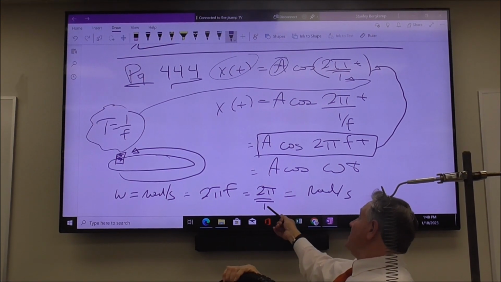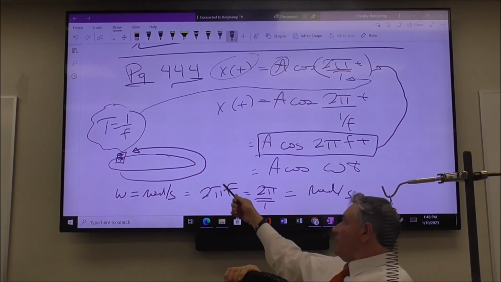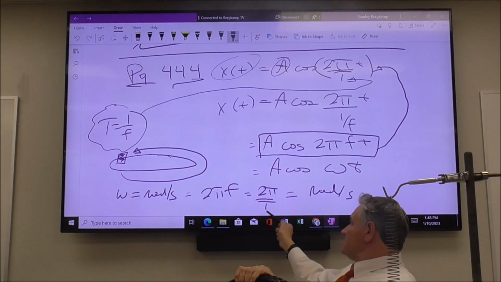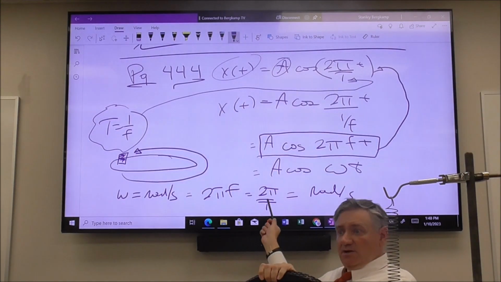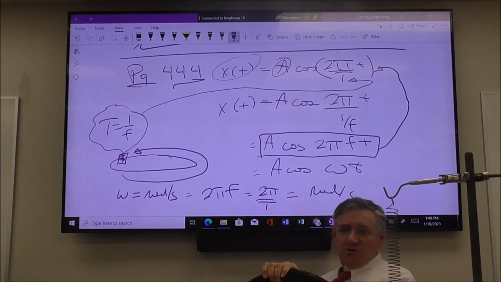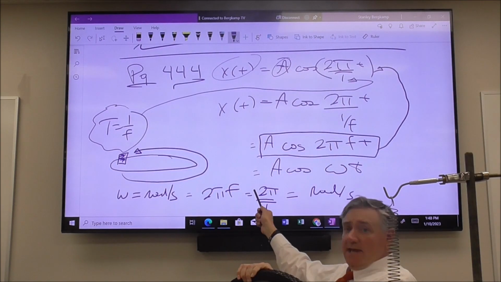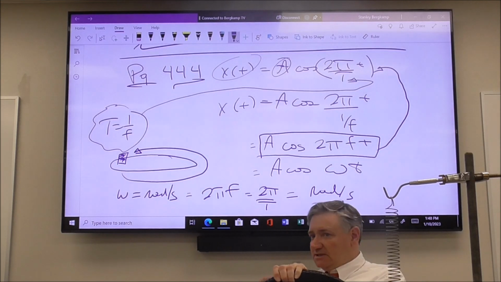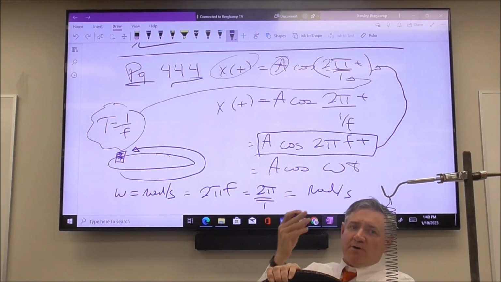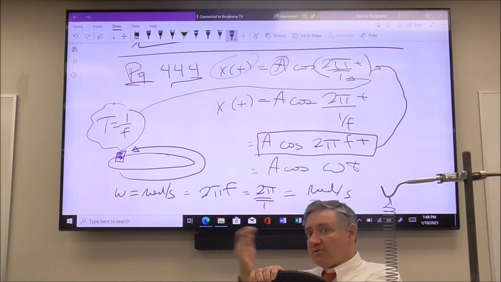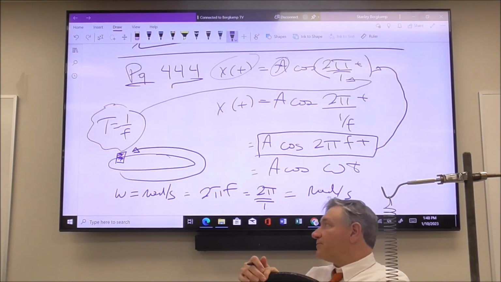Now, if you come in here and say, well, period is 1 over frequency, so if I substitute 1 over frequency here for period, that frequency flips up and I get 2 pi f. So 2 pi f is the same as 2 pi over t. It's the exact same thing. It just depends upon if you're given frequency or if you're given period. That's the only thing that determines which one you've got.